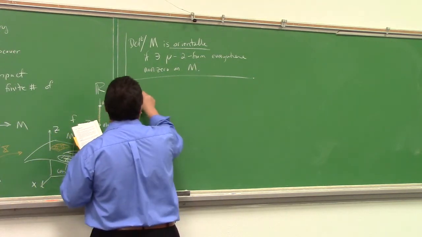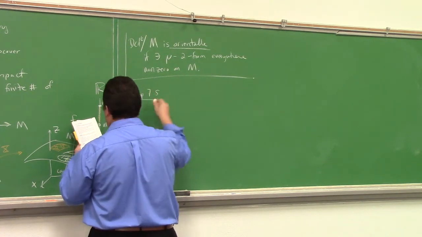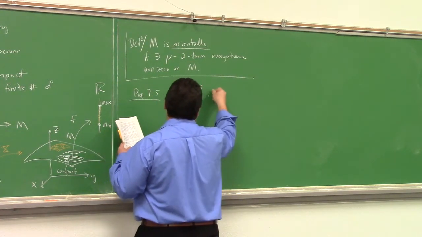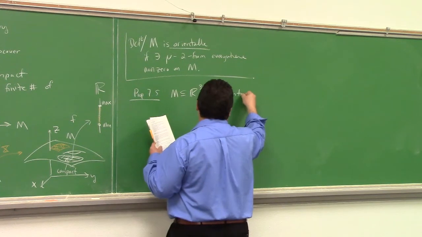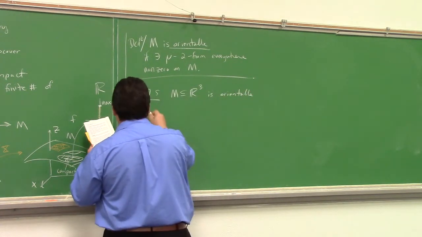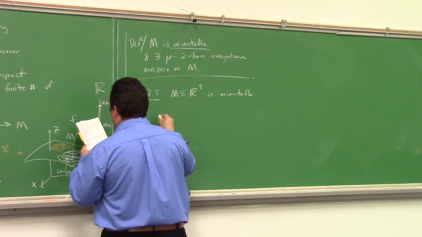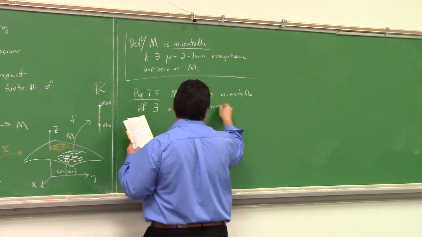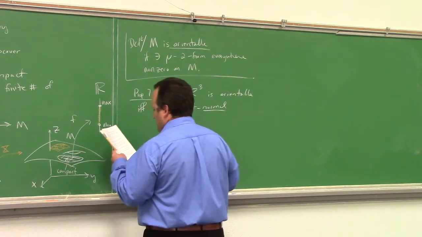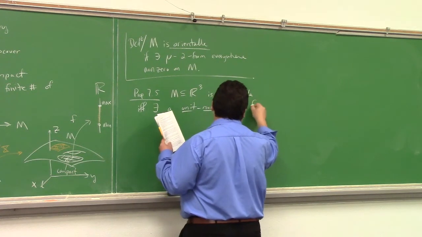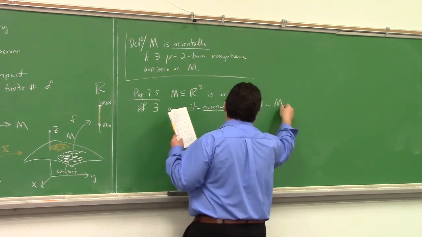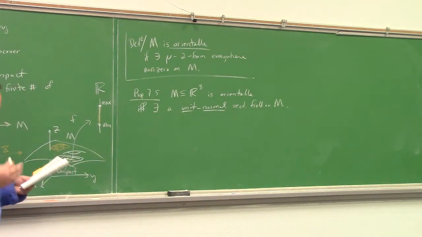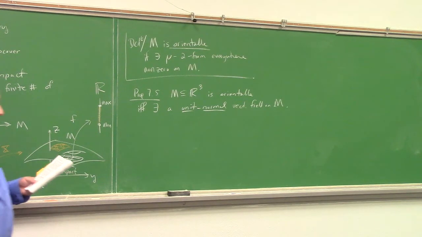Proposition 7.5 tells us a surface M is orientable if and only if there exists a unit normal vector field on M. Furthermore, if M is connected as well as orientable, there are exactly 2 unit normals on M.